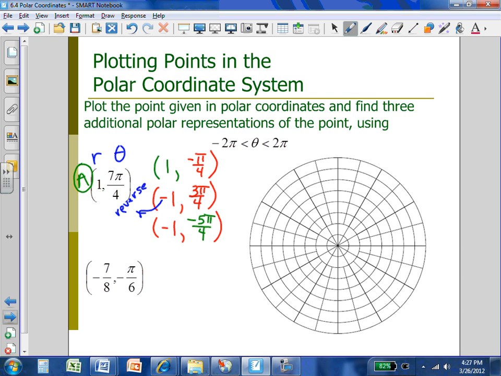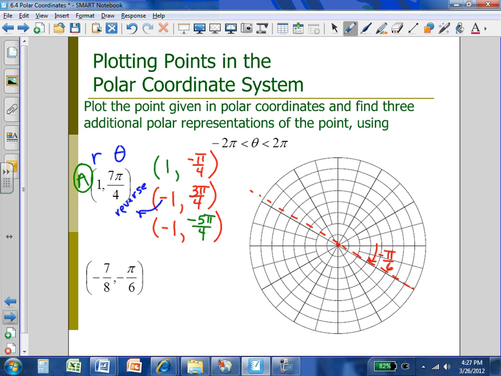This one's negative pi over 6 in direction and negative 7/8. So if I'm going negative pi over 6, and then I back up. So pi over 6 is going to be down this direction. So there's negative pi over 6. However, I have a negative radius, so I'm backing up. So I initially got to here, but I'm going to be going the opposite direction.